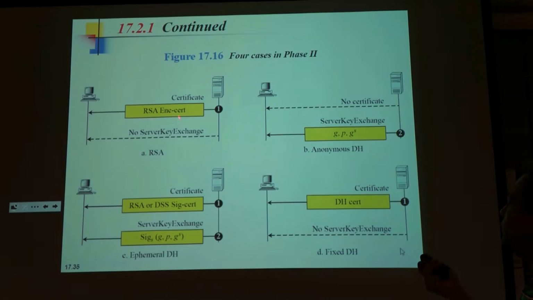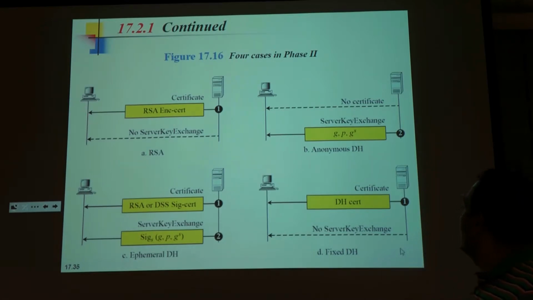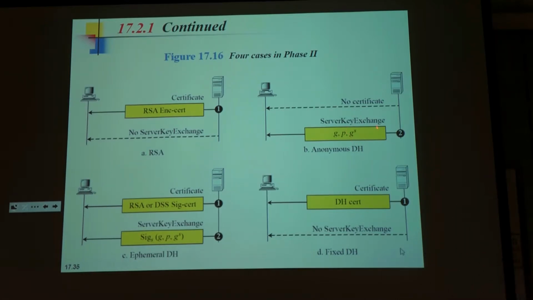So it sends the data encrypted. In the other case, no certification, but it will send the parameters directly with certification to the client. And so for ephemeral and for fixed.